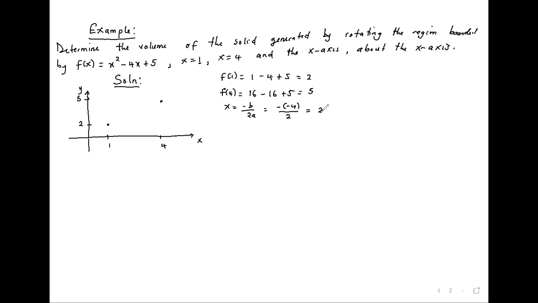So it means that it's somewhere here at 2. We substitute 2 back there. We have 4 minus 8 plus 5. This is 9 minus 8, which is 1. So it's 1 somewhere here. So this is a curve. Because we are attempting to sketch, you know it has a turning point there and goes up like this. We haven't sketched it to scale, but this is the idea of the sketch.